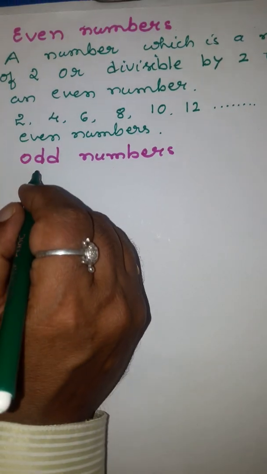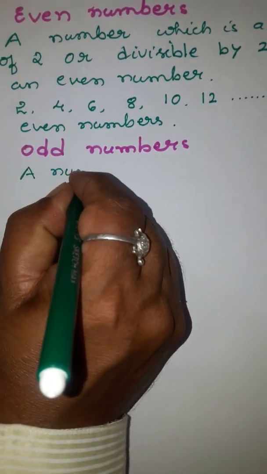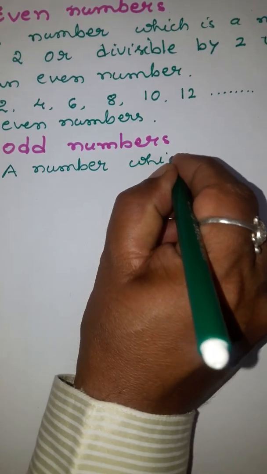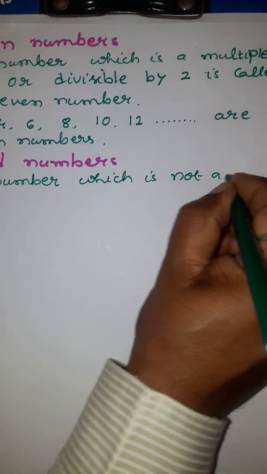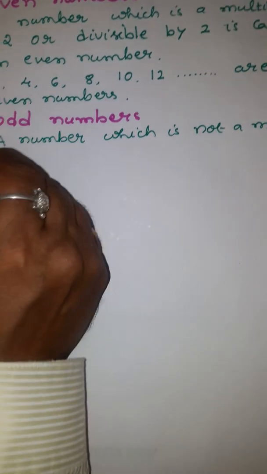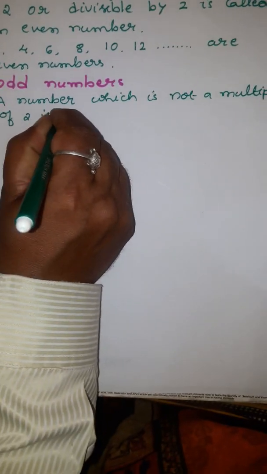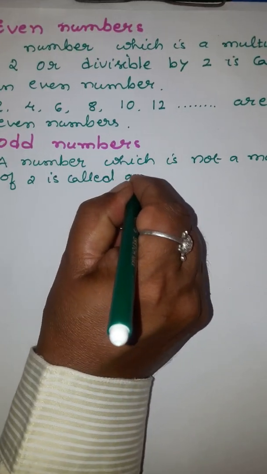What is actually meant by an odd number?